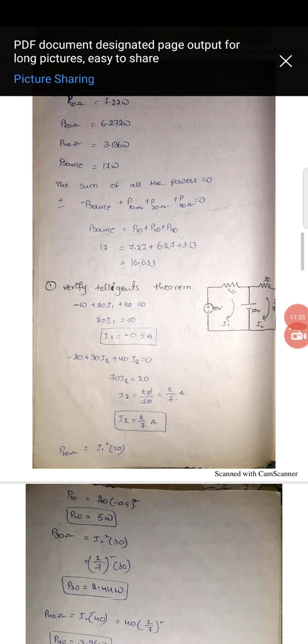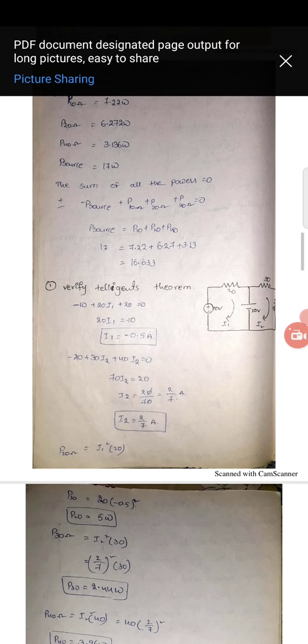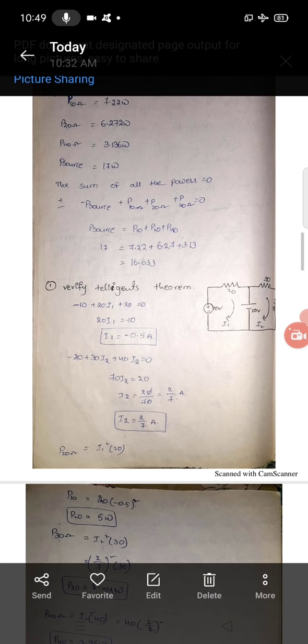Then minus 20 plus 30 into I2 plus the third resistance of 40 ohm, that is 40 into I2, equals 0. Then 30 I2 plus 40 I2 is 70 I2 equals 20, so I2 equals 20 by 70, which is 2 by 7 amperes, right?